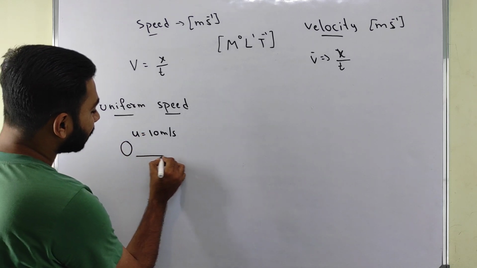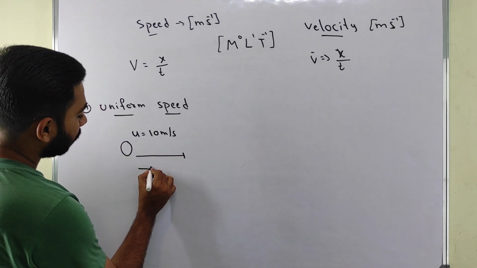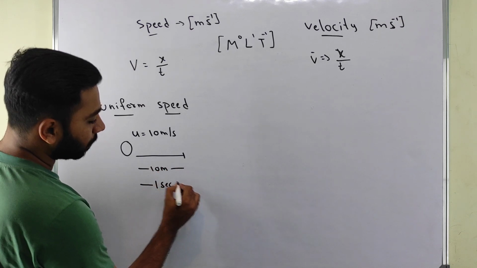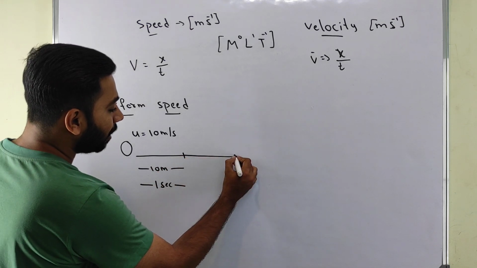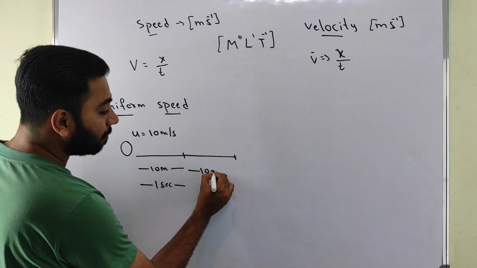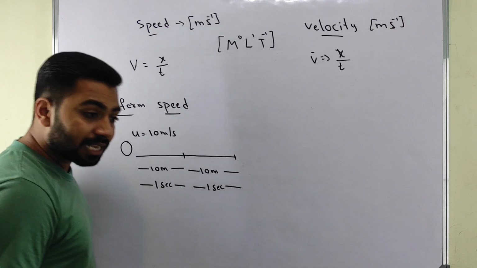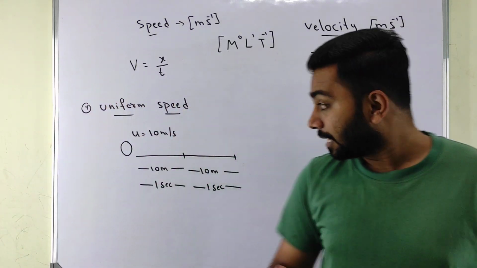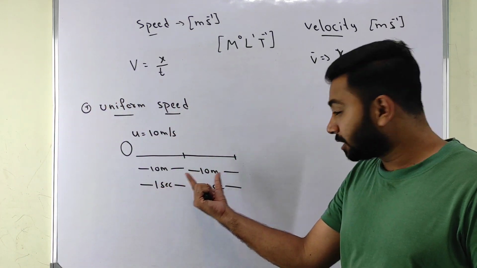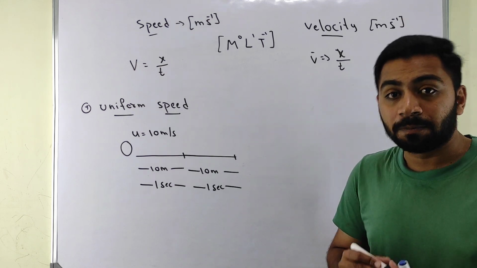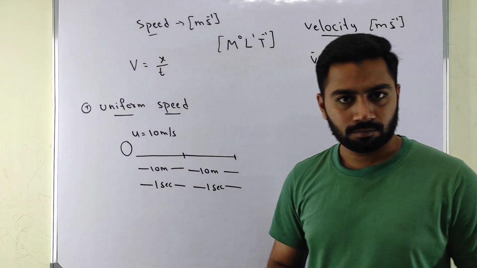After 1 second it covers 10 meters, in the next second it covers again 10 meters. This kind of motion where the body covers equal distance in equal interval of time, we call uniform speed or uniform velocity.